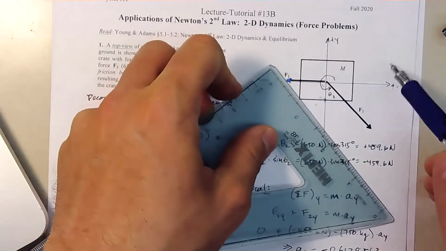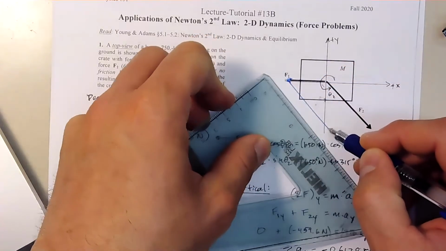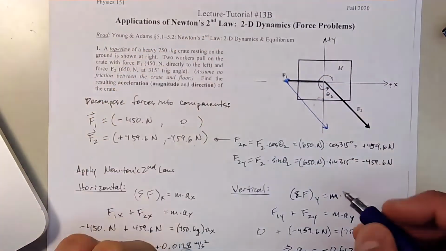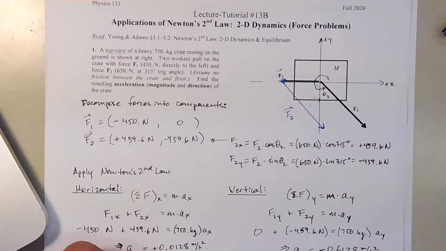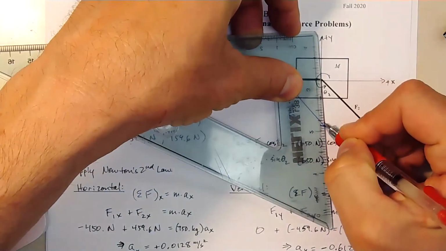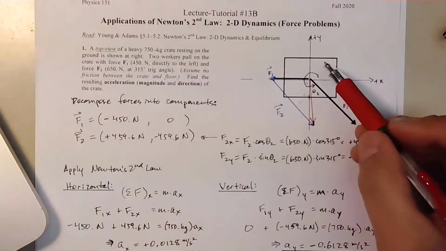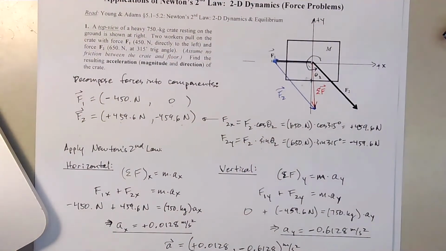Now if I put F2 tip to tail at the end of F1, I should get something that looks like this. So now the sum of F1 plus F2, or F total, should be from the start of F1 to the end of F2. So that's F total.